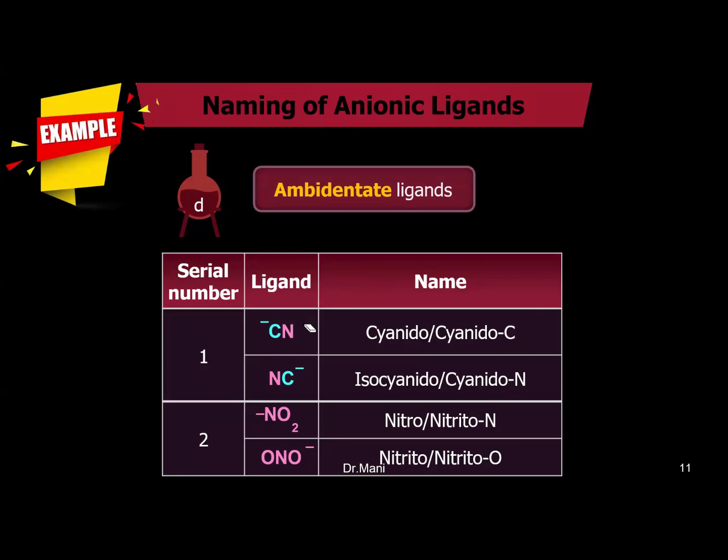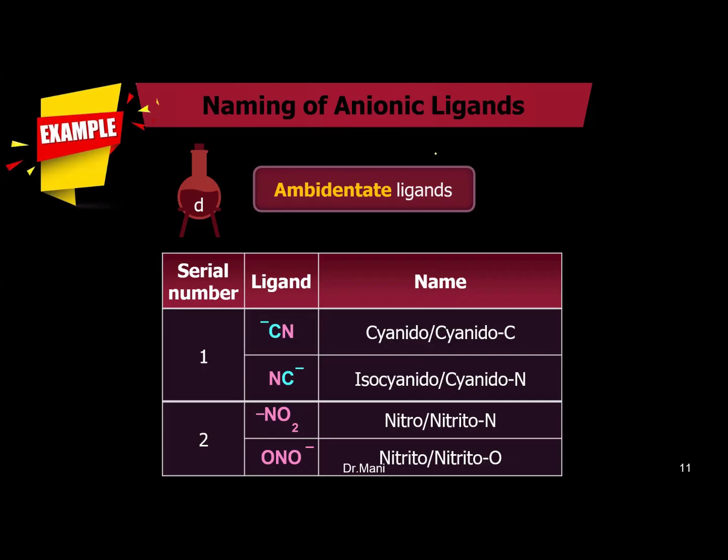Here also, you see. So tell me, what is an ambidentate ligand? I think we have discussed it in the last class. What is the meaning of ambidentate ligand? A ligand has two different donor atoms. Yes.